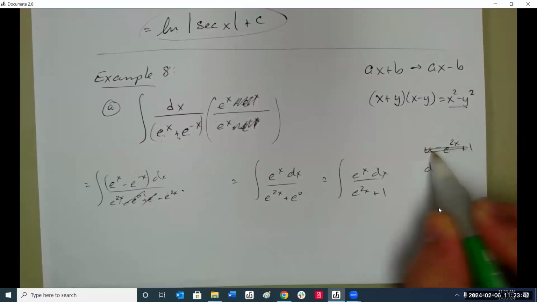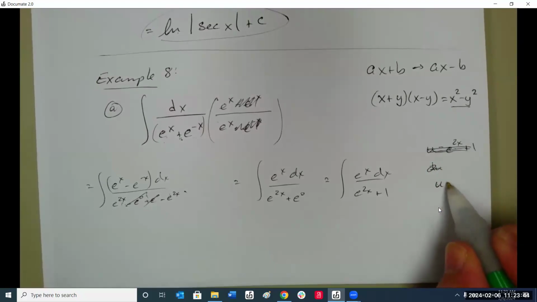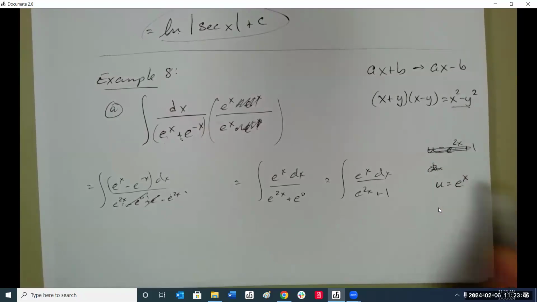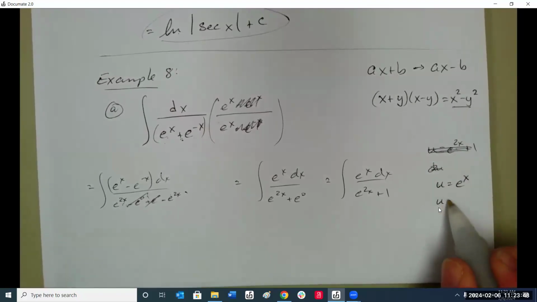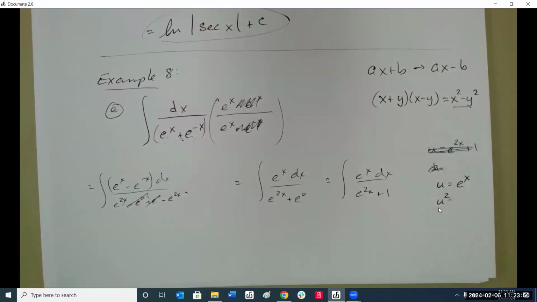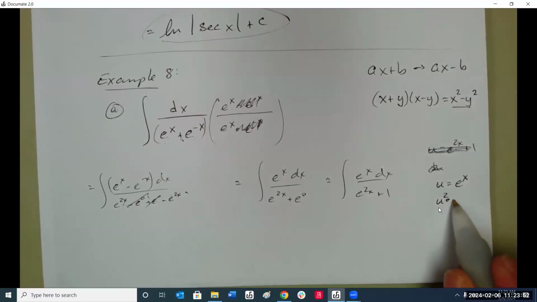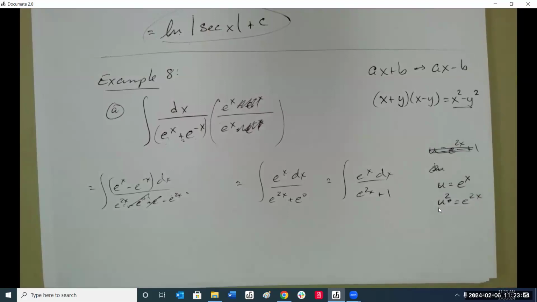So what we can say is u is e^x, and then we have u squared, which is e^(2x).